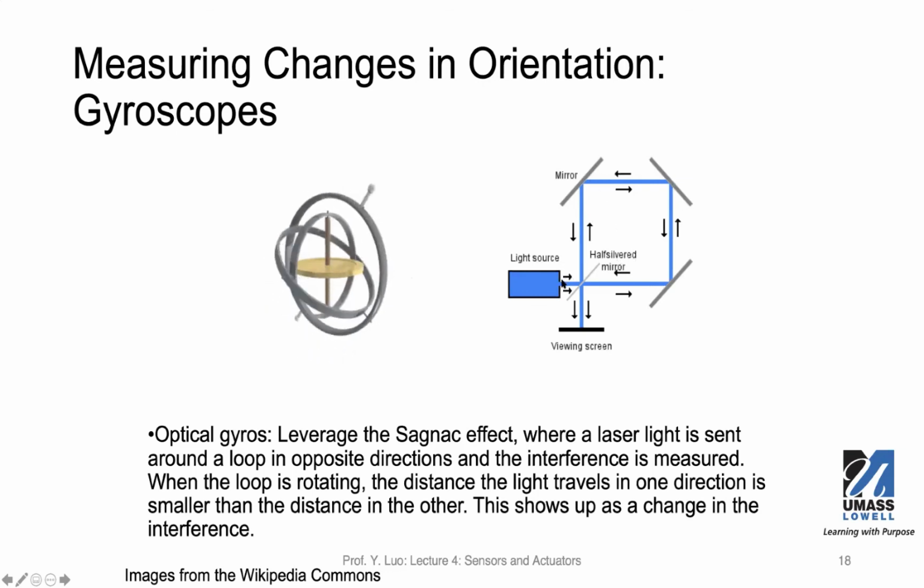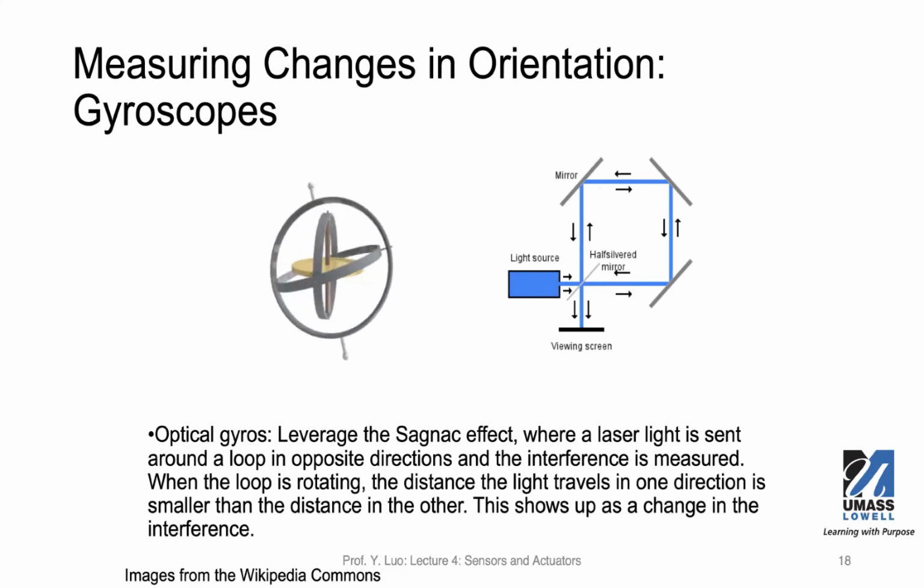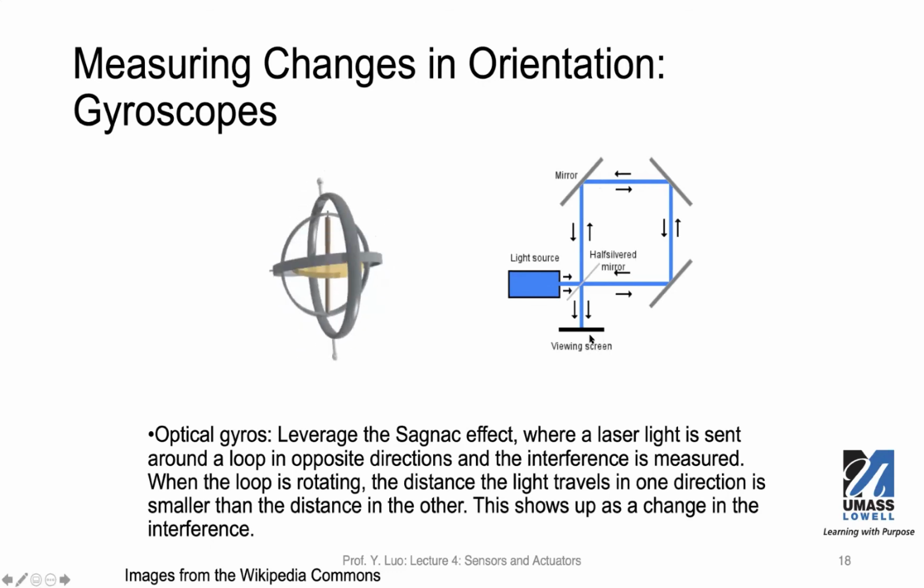If there's no rotation, the light will be reflected multiple times along these mirrors. Because there are light beams traveling in different directions, there will be interference, and such interference will be measured by other sensors at this viewing screen.